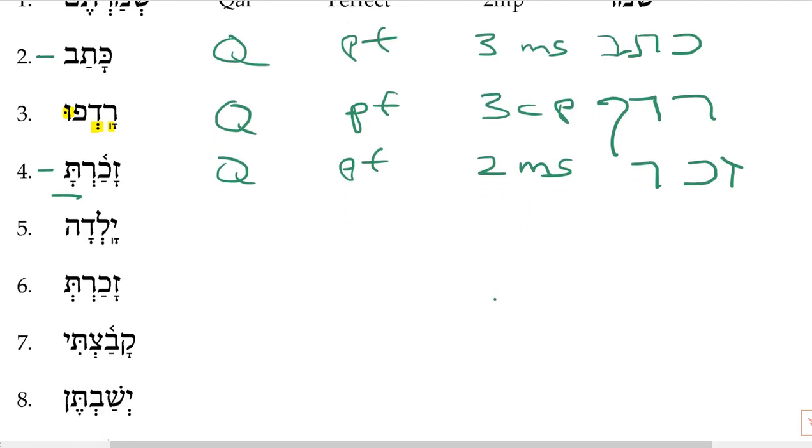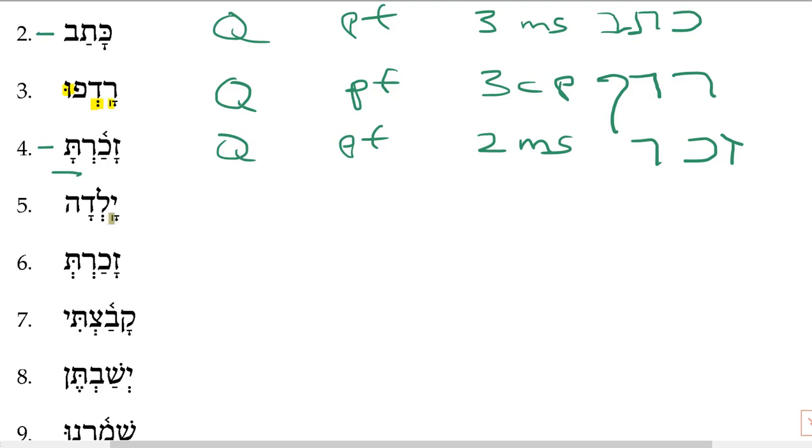Okay, let's look at the next one. This is interesting. Notice again we have the little vertical line, the meteg, that is telling us that this is a vocal schwa. And so again we have this vowel reduction of the second vowel, and we have yaladah. And this he ending is very characteristic of that 3FS ending, third feminine singular. So again, nothing before it.